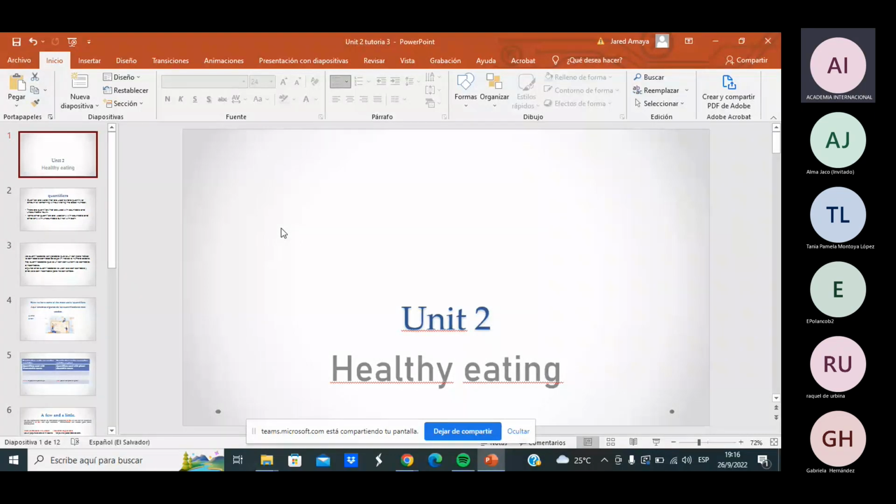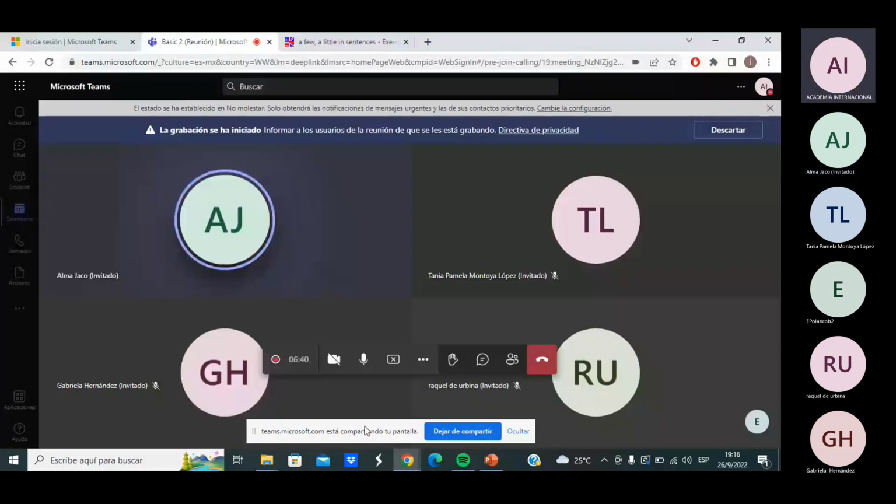What's the main difference between them? Uno es para los contables y el otro es para los no contables. Yeah, that's the main difference. Okay, thank you very much.